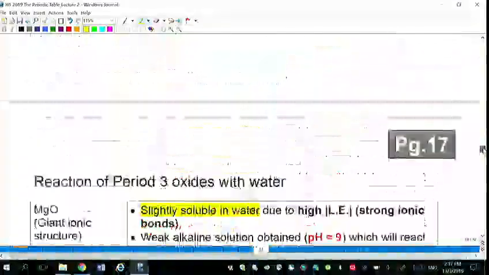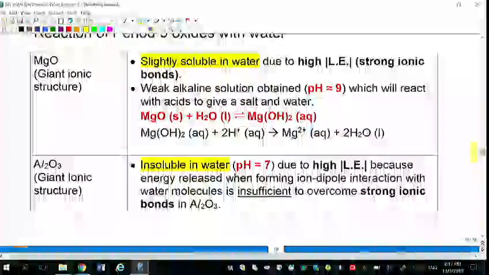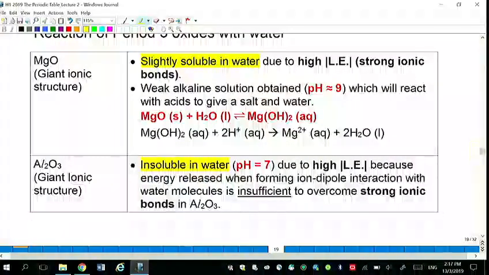So now I bring you back to magnesium oxide and aluminum oxide. We know that sodium oxide, which has a giant ionic structure, can dissolve in water. But for magnesium oxide and aluminum oxide, you can see that the solubility in water decreases.